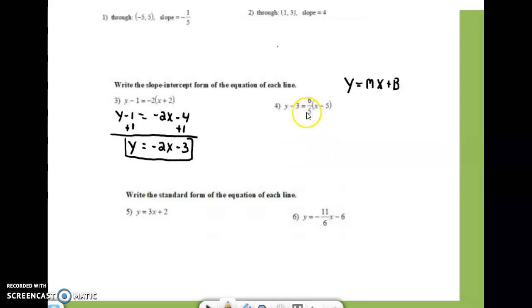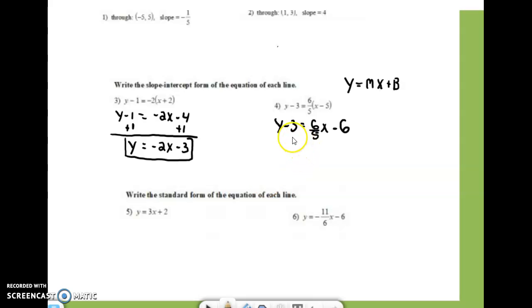All right, so let's take a look at this one now. We're going to distribute the 6 over 5 over x plus 5, so that would be 6 over 5x, plus 6 over 5 times 5. The 5's would cancel out, wouldn't they? And you'd be left with a positive 6.